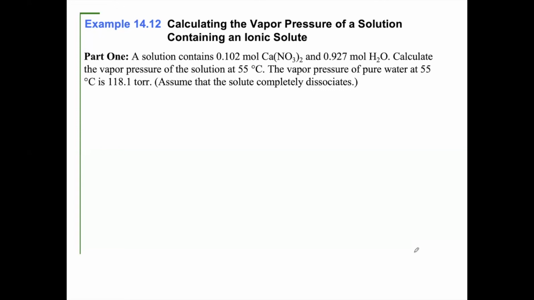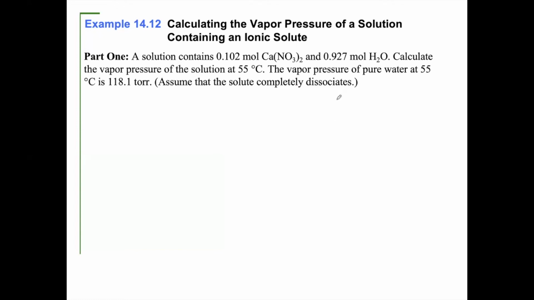Before I get to the challenge, let's just read the question. A solution contains 0.102 moles of calcium nitrate and 0.927 moles of water. Calculate the vapor pressure of the solution at 55 degrees Celsius. And of course, we're given the vapor pressure of pure water at 55 degrees Celsius.